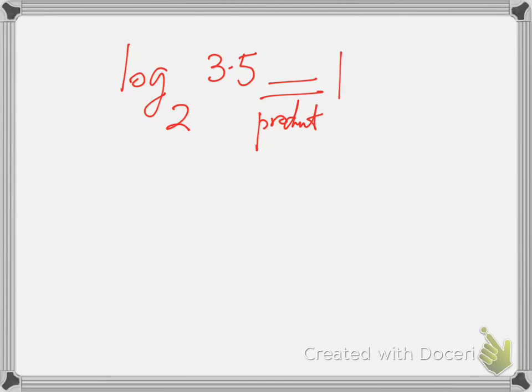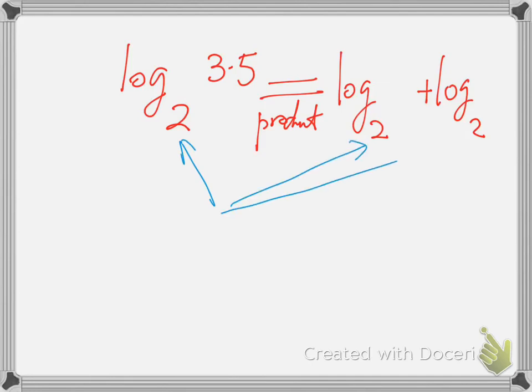We will have the sum of two logs with the same base 2. The important thing is we have the same base here, same base number 2. Then we have log 2 of 3 plus log 2 of 5. This is the product rule. We change a product 3 times 5 to the sum of two logs.